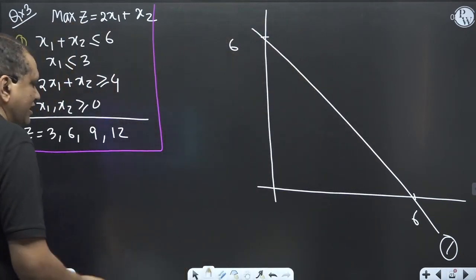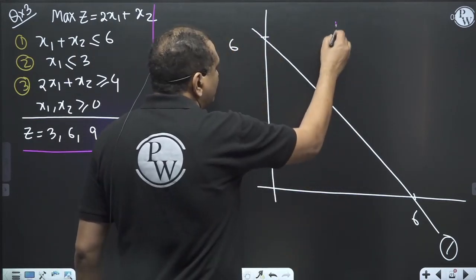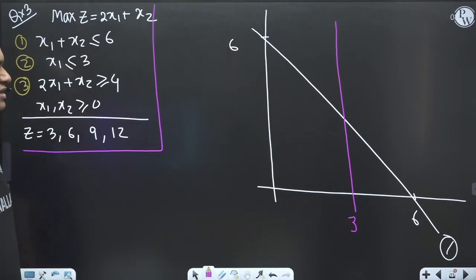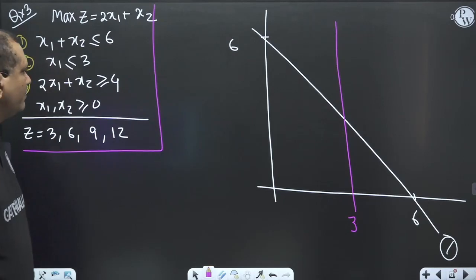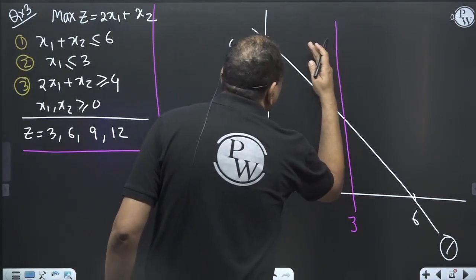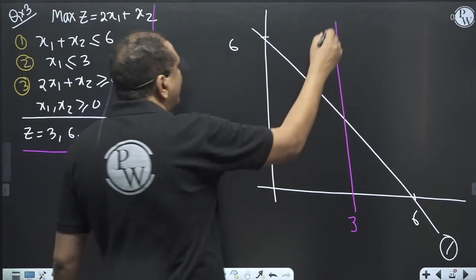X is less than or equal to 3. So less than means the region will be towards the origin. This is my second constraint.